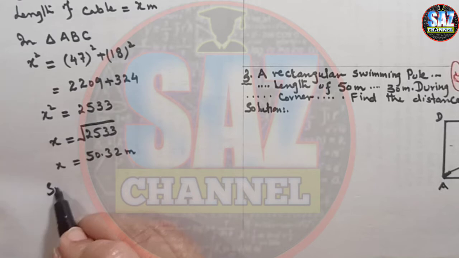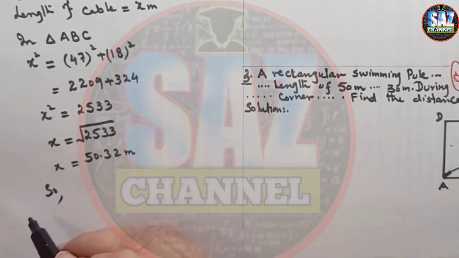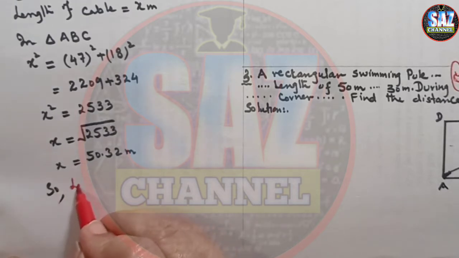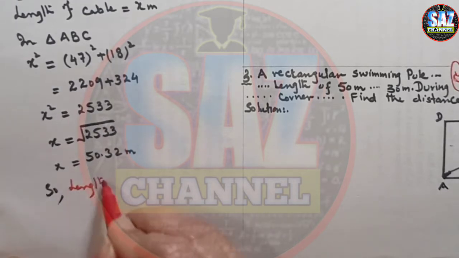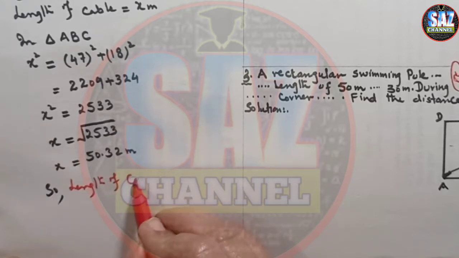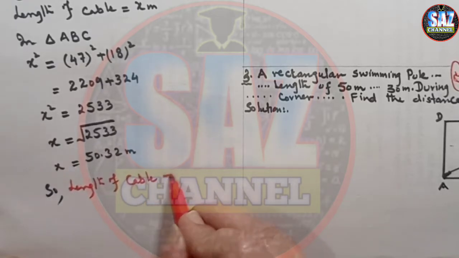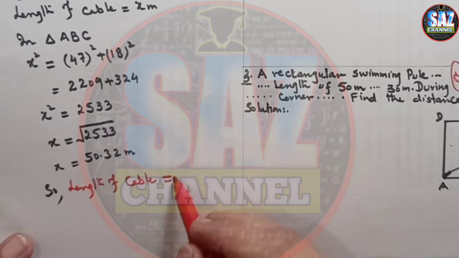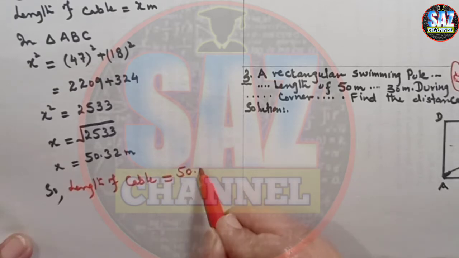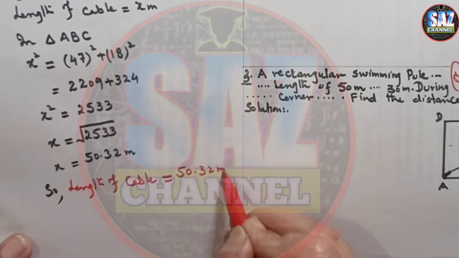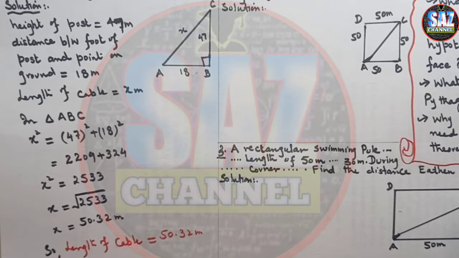So the x, which is actually the length of cable, equals 50.32 meters. I hope you are clear about this question.